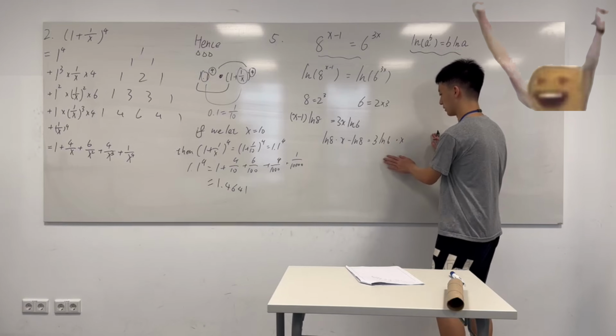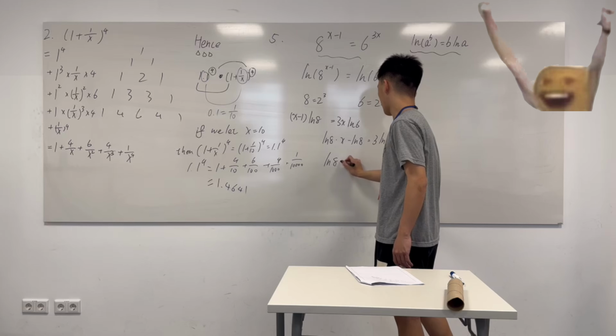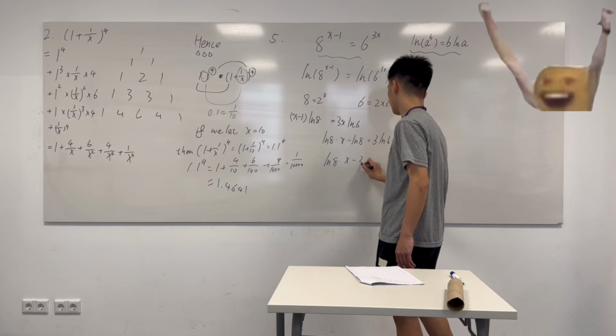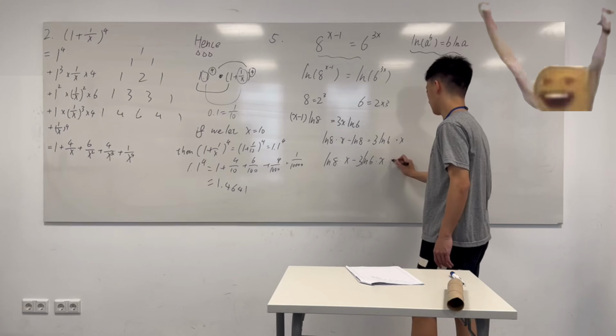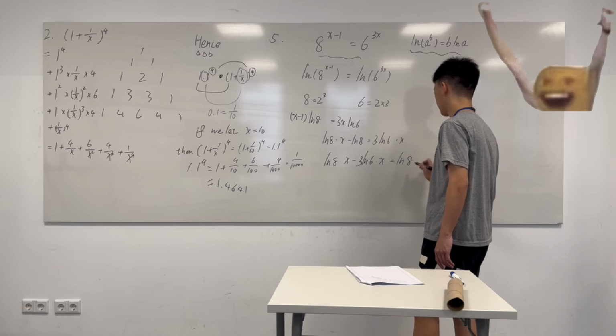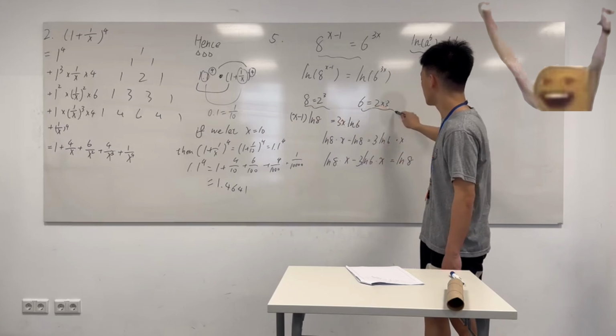Then try to solve the equation, move it here. So ln 8 times x minus 3 times ln 6 times x is equal to ln 8. And right now we can continue to simplify the ln stuff like this.